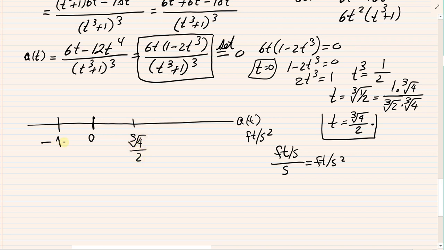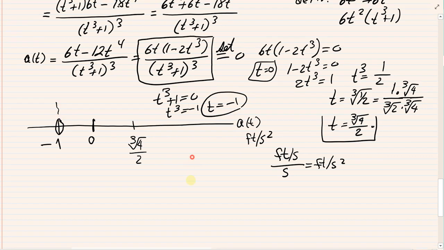The reason I have -1 here is because in this acceleration function, this is a rational function. To find the zeros of this rational function, we look at the numbers that make the numerator and then the denominator 0. So what makes t cubed plus 1 equal 0? Well, t cubed is -1, so t is -1. So that -1 is actually there. And at that point, by the way, you get division by 0. But remember our restriction.